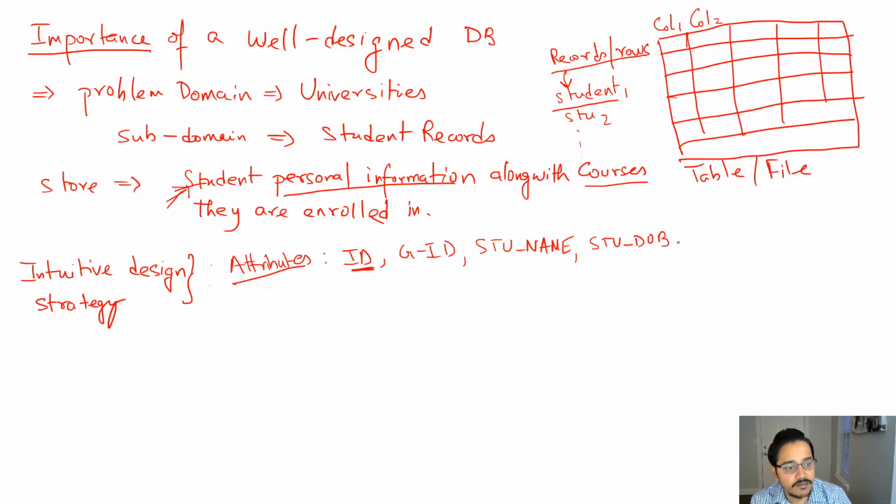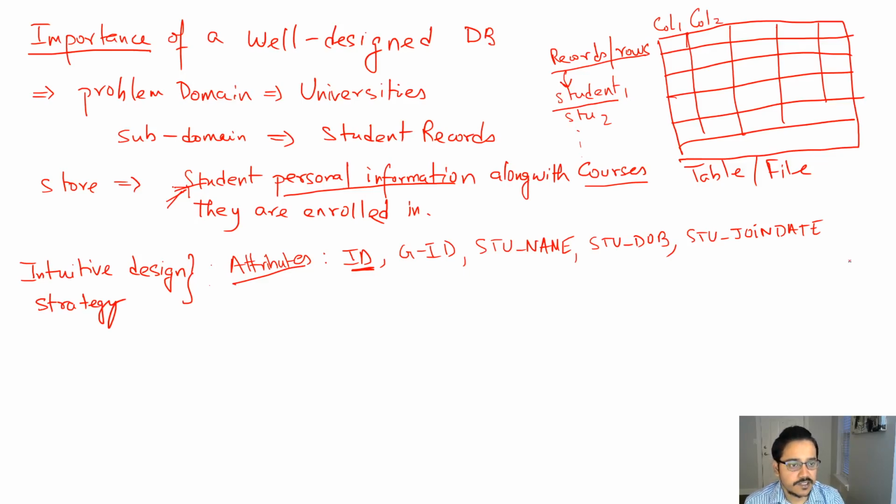Then you can have student join date, the date when they joined the university, which is the fall semester of some year, something along those lines. These are some examples of personal identifying information related to a student. You can add many more, such as address, phone number, and so on and so forth. But let's keep it like this.